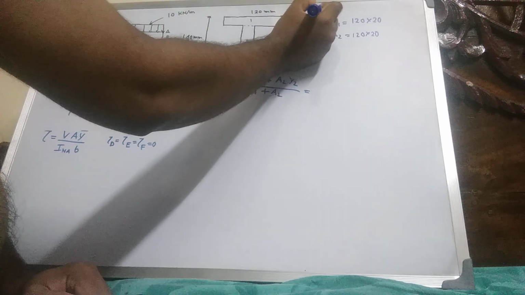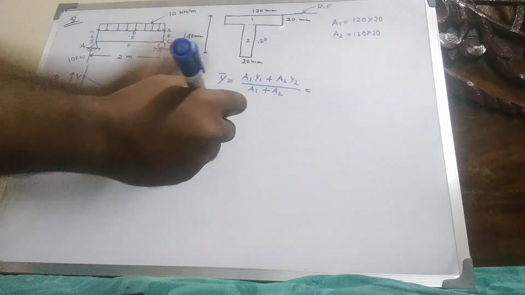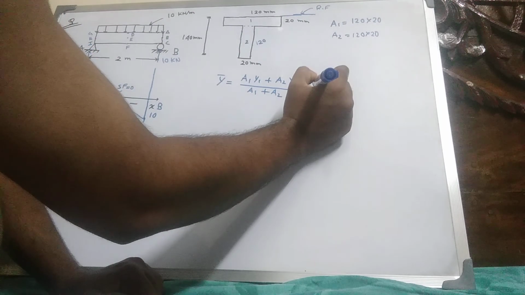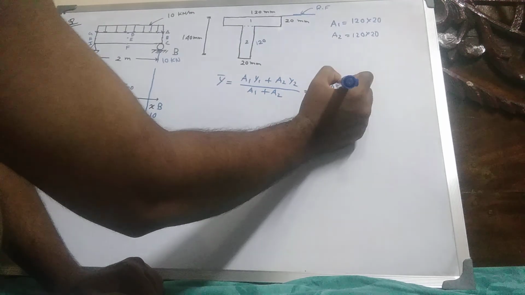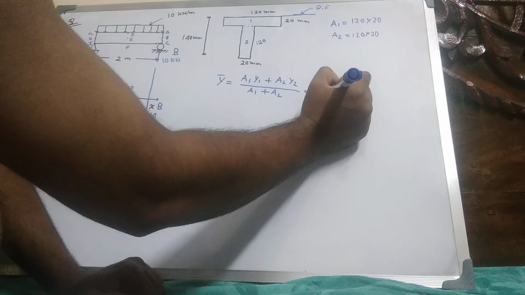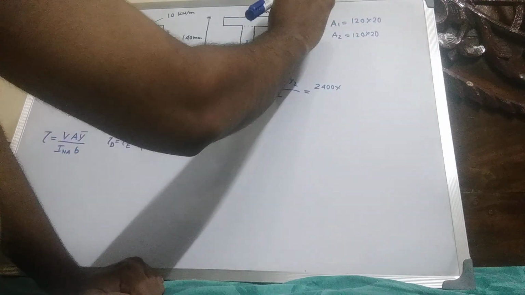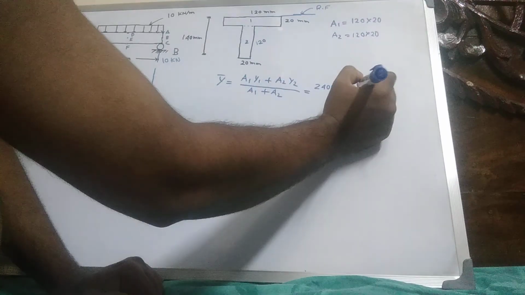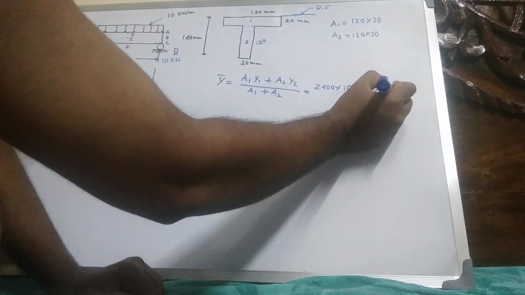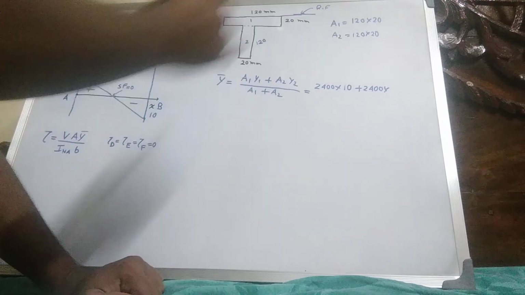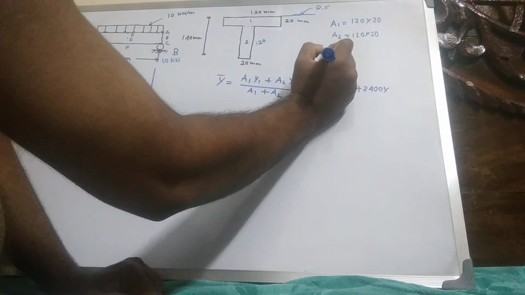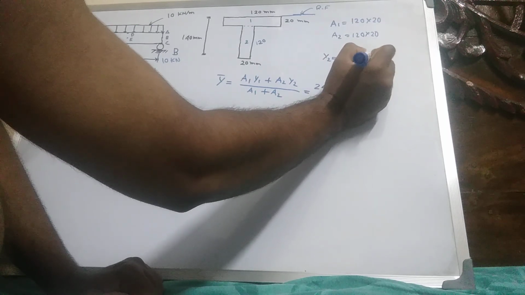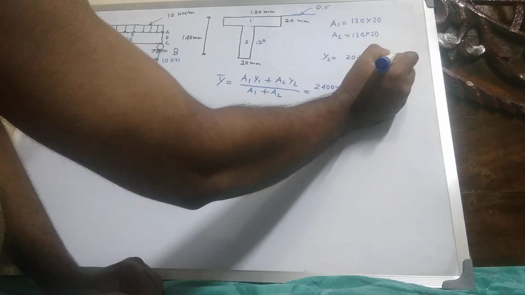So 2400 into y1, where y1 is 10 from the reference plane, plus 14400 into y2, where y2 is 20 plus 60, which is 80.